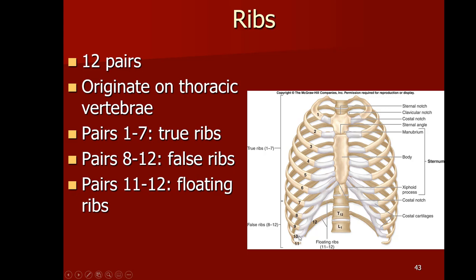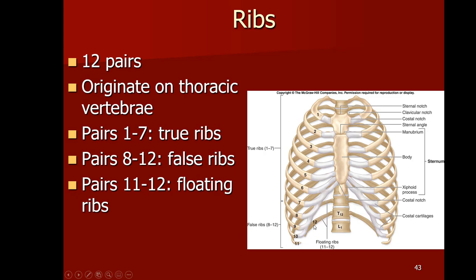8 through 12 do not. So in particular, 8, 9, and 10, we'll say they make indirect contact with the sternum. See how their cartilage is fusing together before it goes all the way? So 8 through 12 are called false ribs because they do not make direct contact to the sternum. 11 and 12, we take it a step further, here and here.